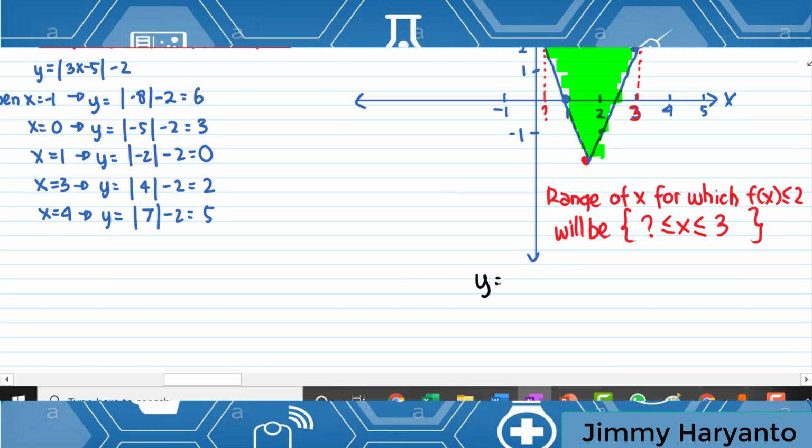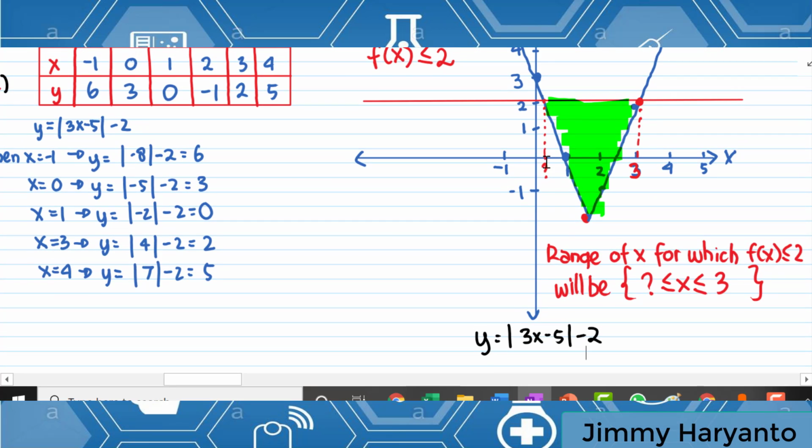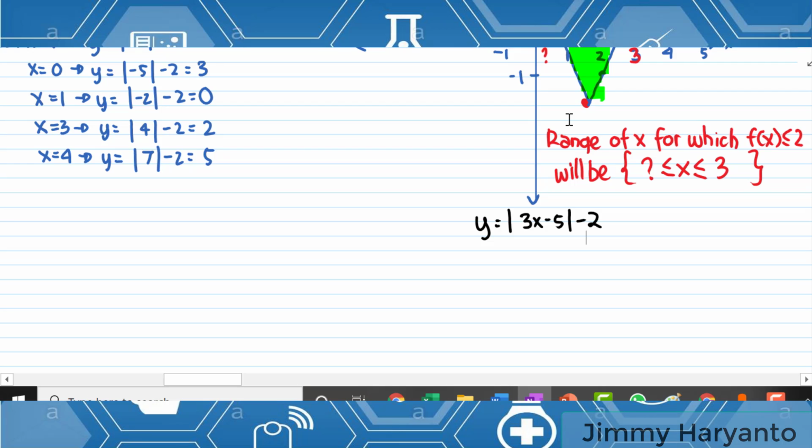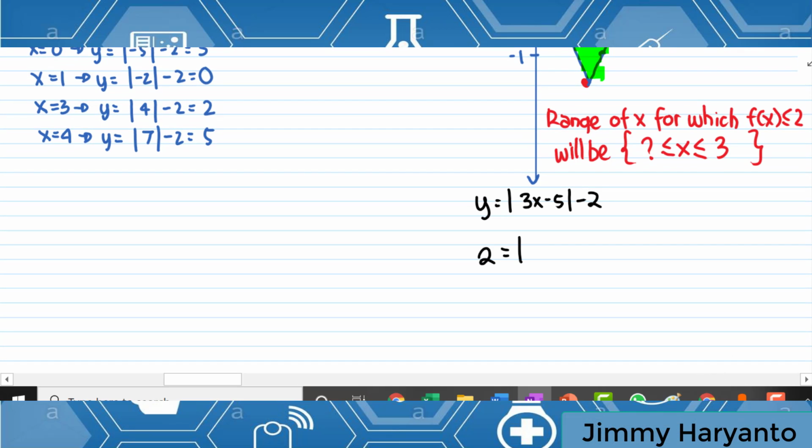So, I have y equals the absolute value of 3x minus 5, minus 2. We want to know the value of x when y is 2, so we replace y with 2. So 2 equals the absolute value of 3x minus 5, minus 2.